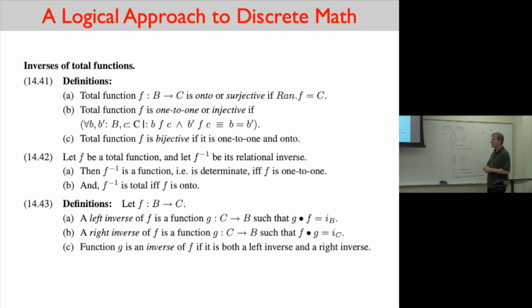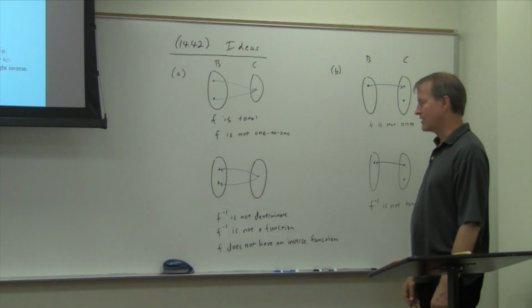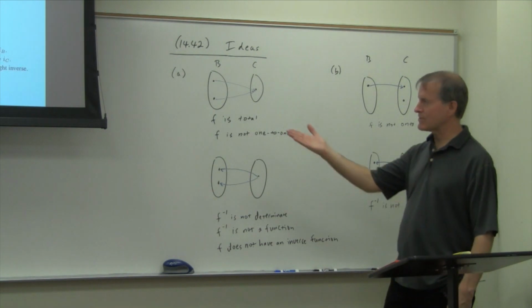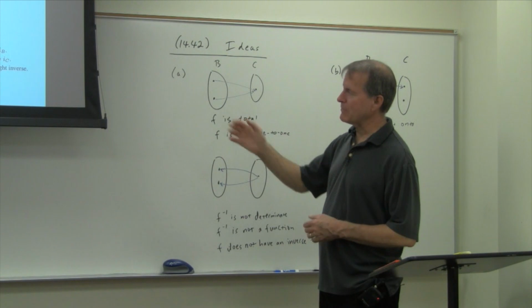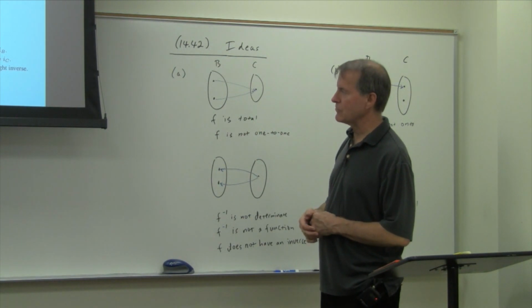So I think if you see the picture, you can see that f inverse is total if and only if f is onto. And it works the other way around. In other words, if f would be onto, then f inverse would be total. All right? So these are just diagrams illustrating that we should be able to see that 14.42 is in fact the case.